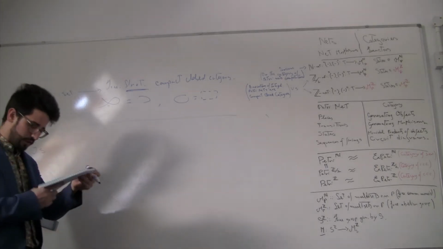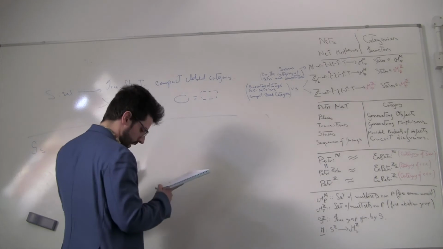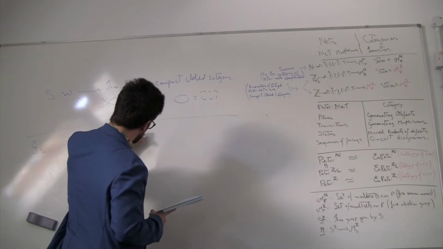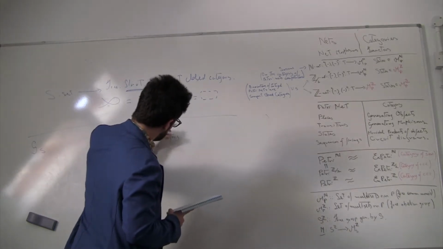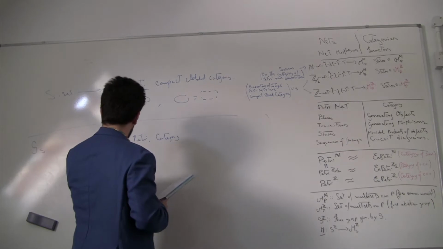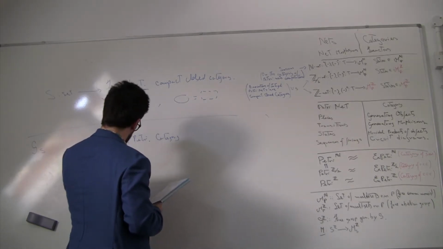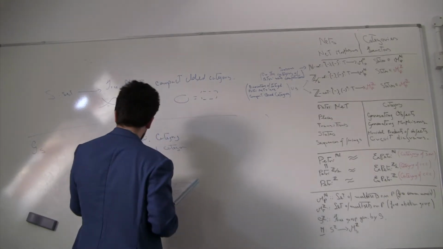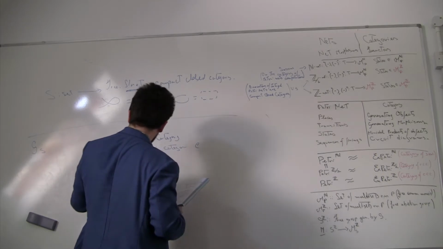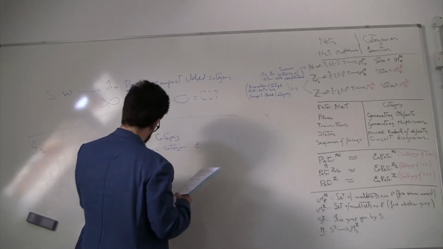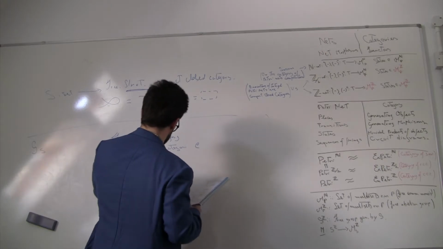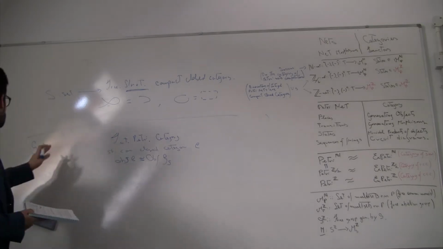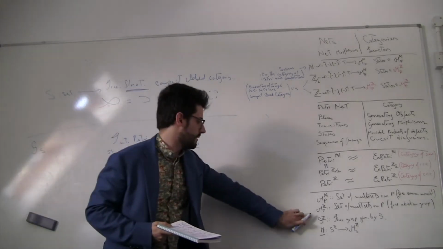So, first of all, let me define what an integer Petri category is. An integer Petri category is a strict, compact closed category such that the objects of C are basically in bijection with the objects of GS for some S. So you are saying that the set of objects of this category can be represented in this way.